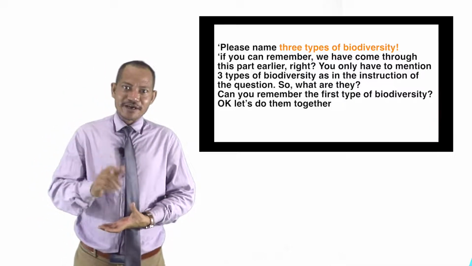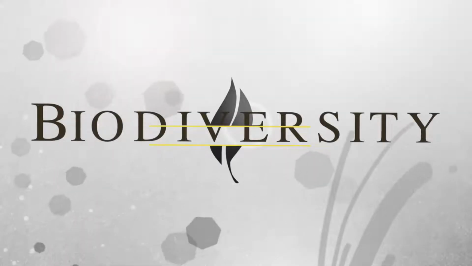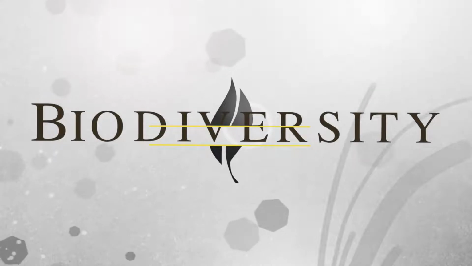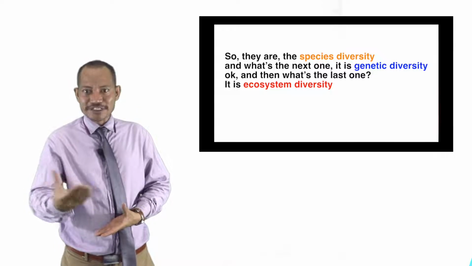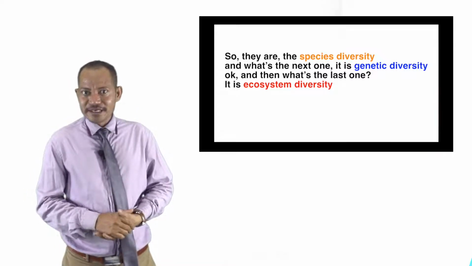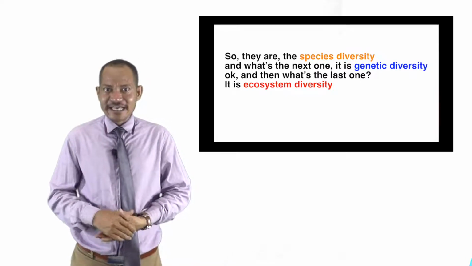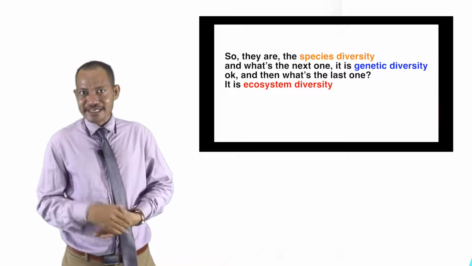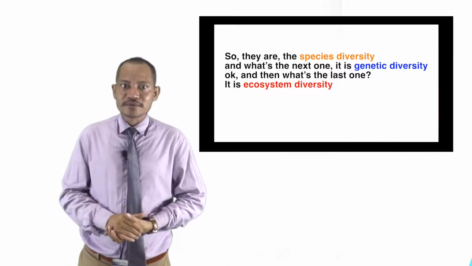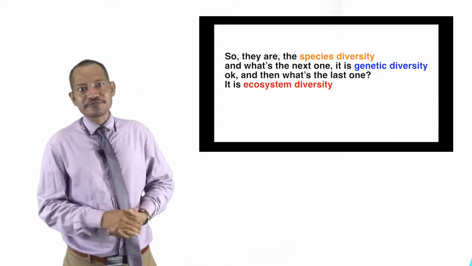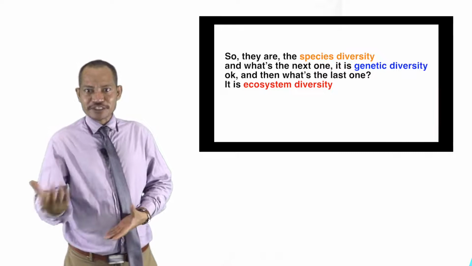So they are the species diversity. And what's the next one? It is genetic diversity. Okay, and then what's the last one? It is ecosystem diversity. So these are the 3 types of biodiversity. Yeah, we have done the first question.